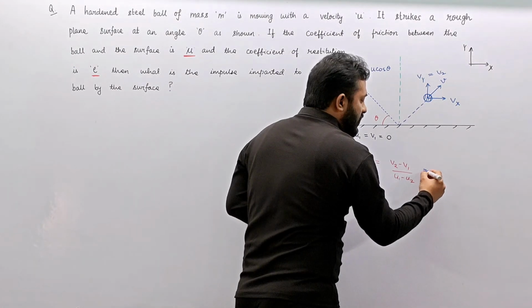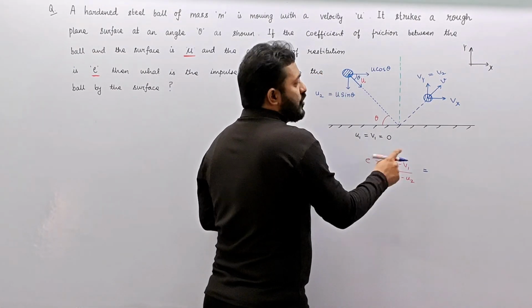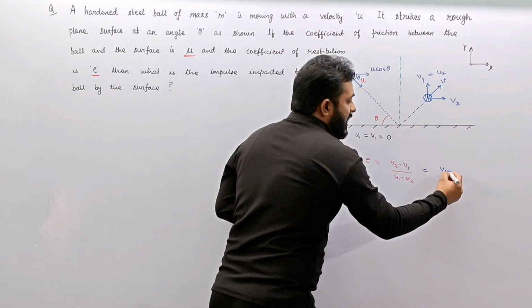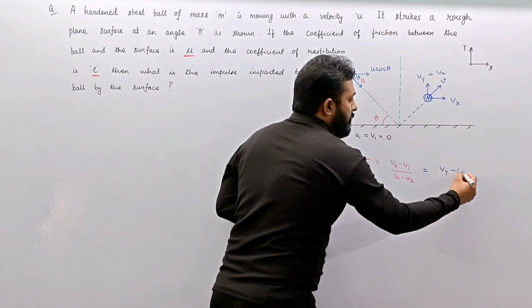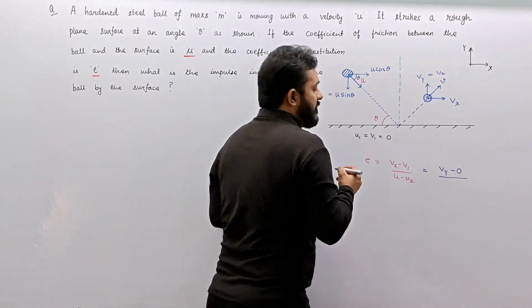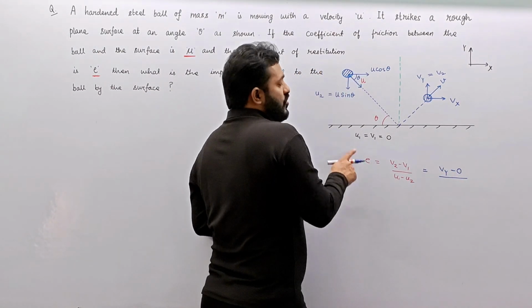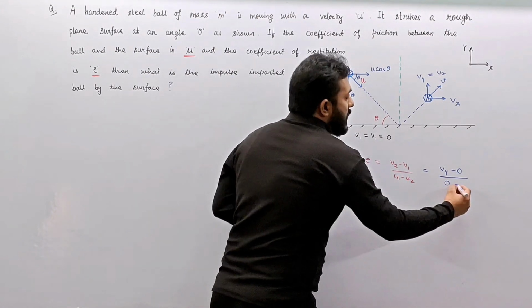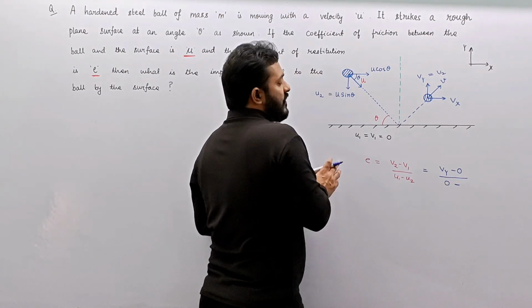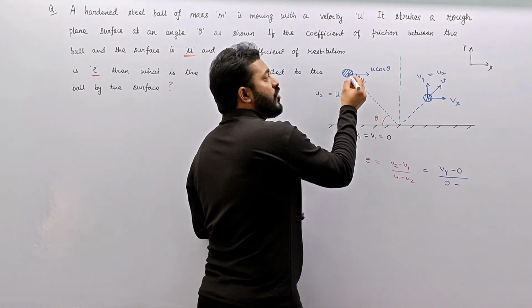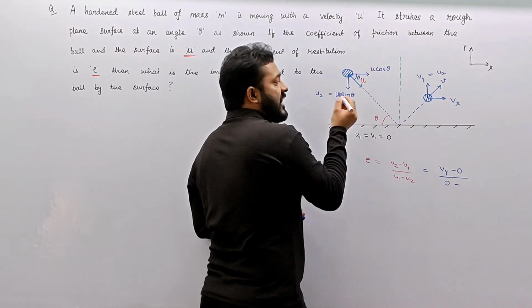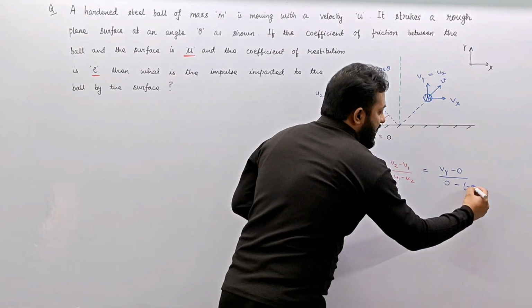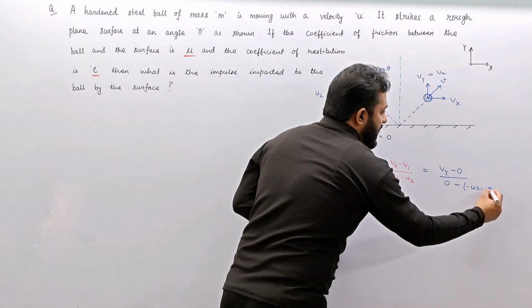If we substitute the values, v2 is going to be vy, which is in the upward direction, positive, minus 0, divided by u1, which is 0 for the hardened steel surface, minus of, and since this component of velocity is in the downward direction, we write it as minus u sin theta.